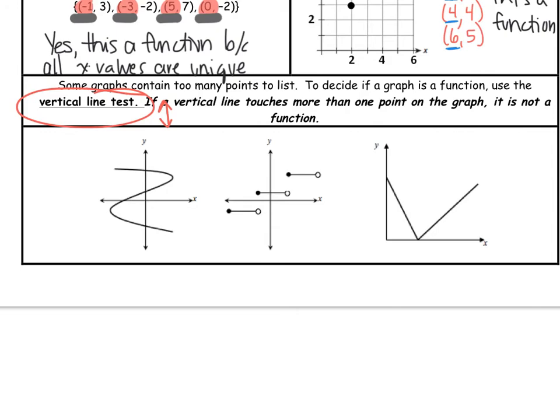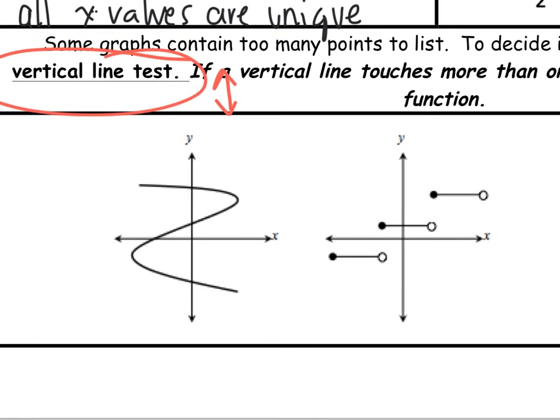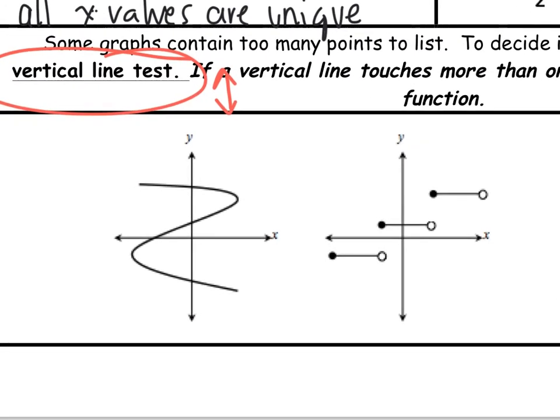So this is what the vertical line test does. If I can draw a line through this graph from top to bottom, parallel to the y-axis, and my vertical line hits the graph in more than one spot, that means this is not a function.